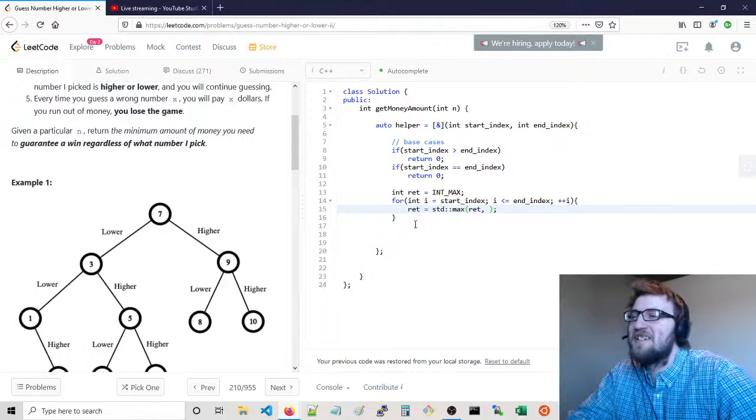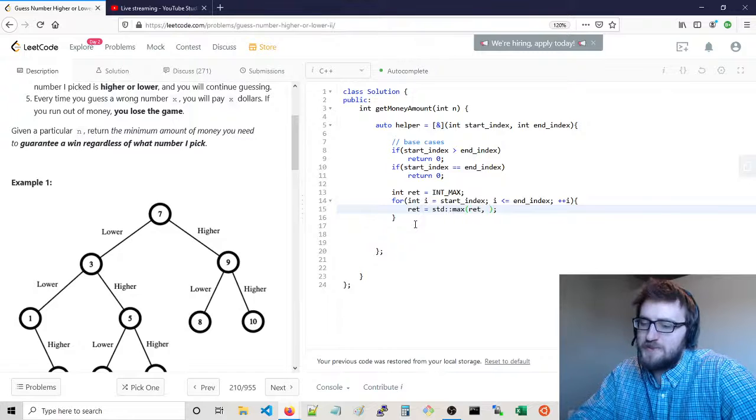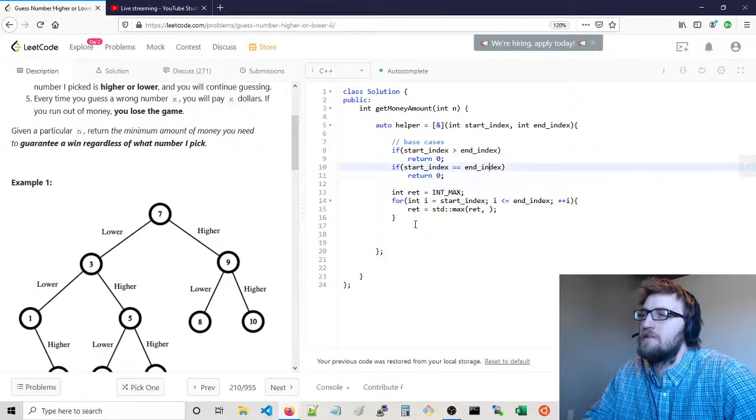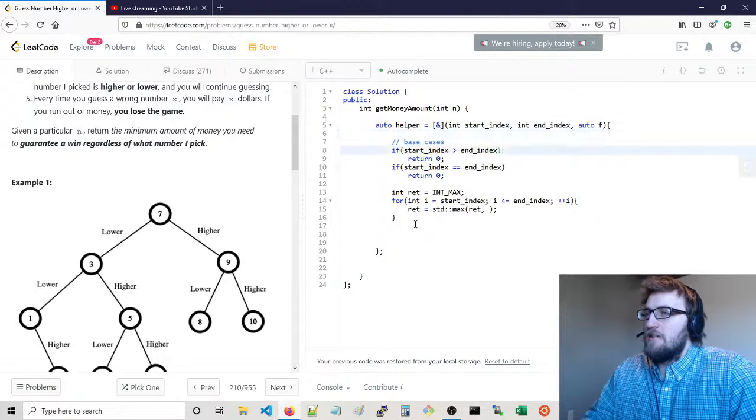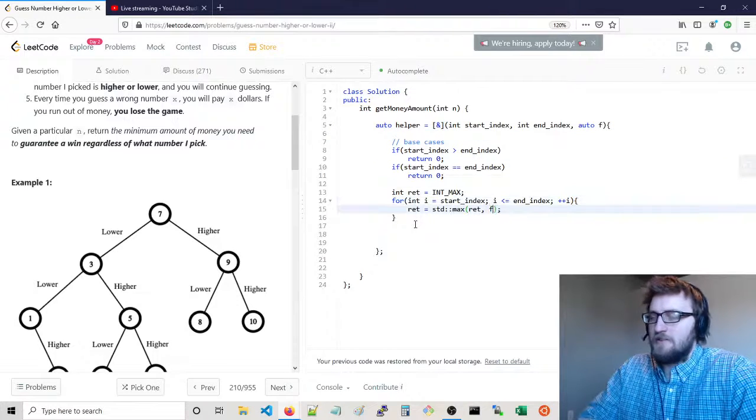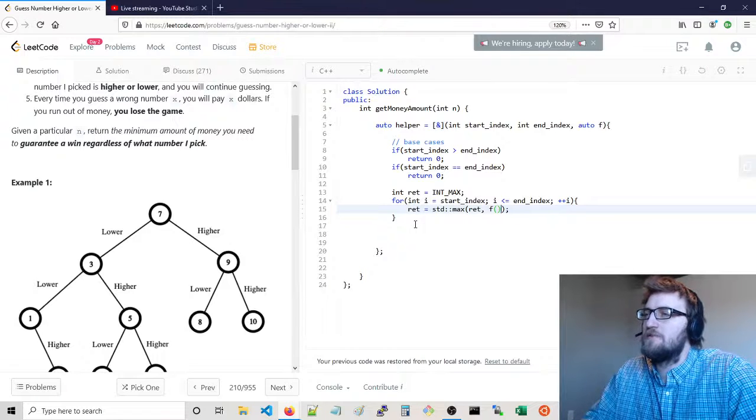Wow. But basically, all right, so what was I saying? What I wanted to do was call this, and I want this to be recursive. We're going to call this recursively on the left side and the right side.